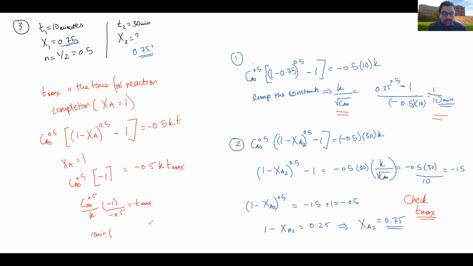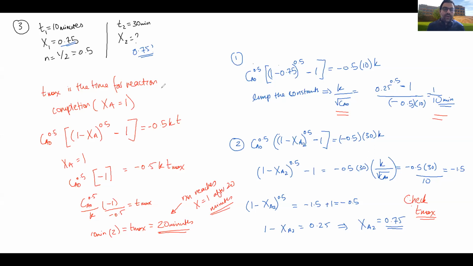Minus 0.5 divided by 1 is 2, is equal to Tmax. And Tmax is basically 20 minutes, right? So the reaction reaches completion after 20 minutes. So after 30 minutes, your XA2 will just be equal to 1, right?